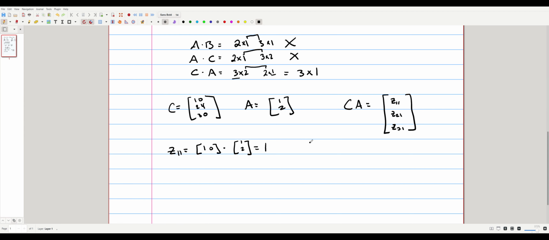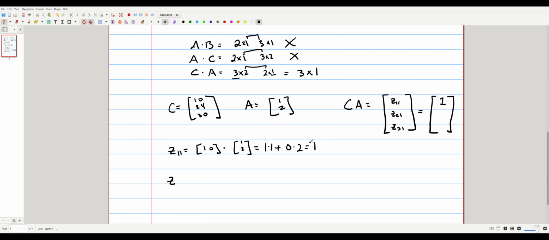It's that first entry in row 1 times the first entry in column 1. And linear combinations that we talked about before just means adding everything together. The second entry in row 1 times the second entry in column 1. And so this is just going to equal 1. And so in our first spot, we're just going to put a 1.